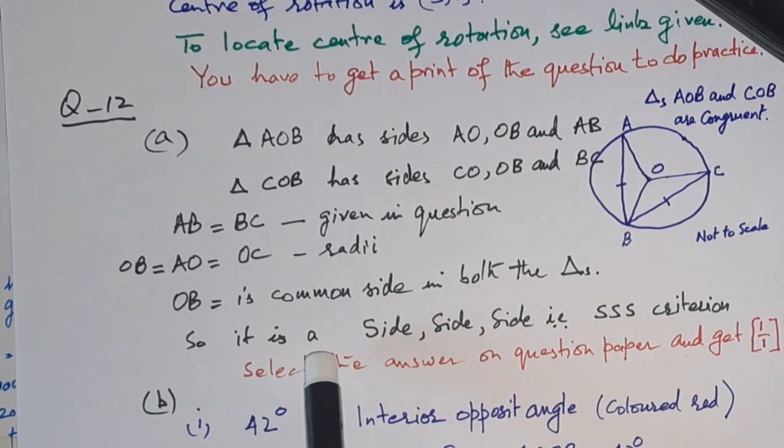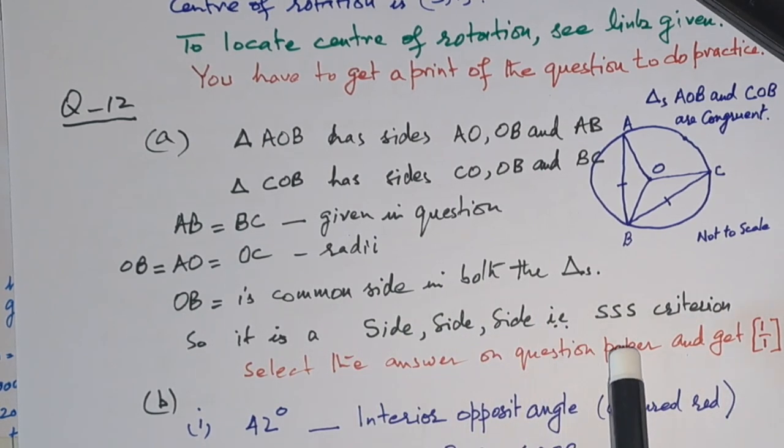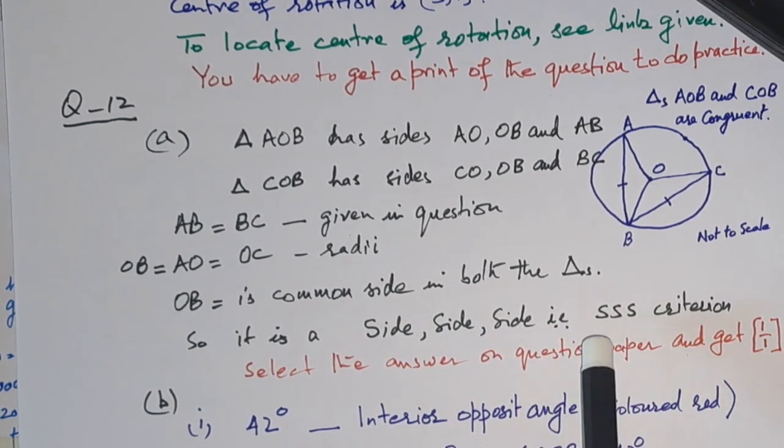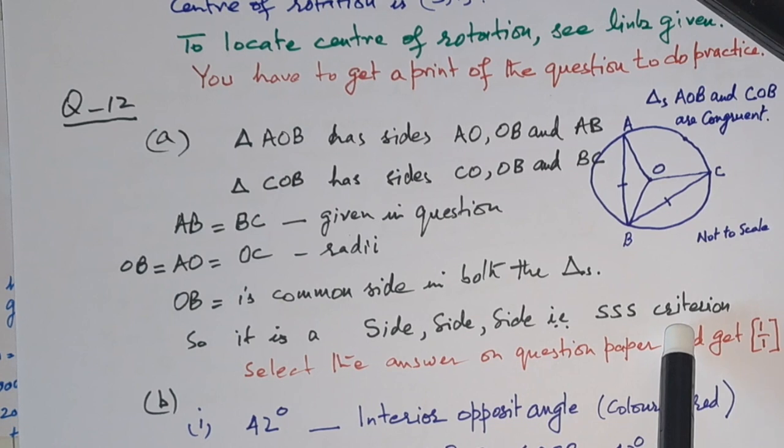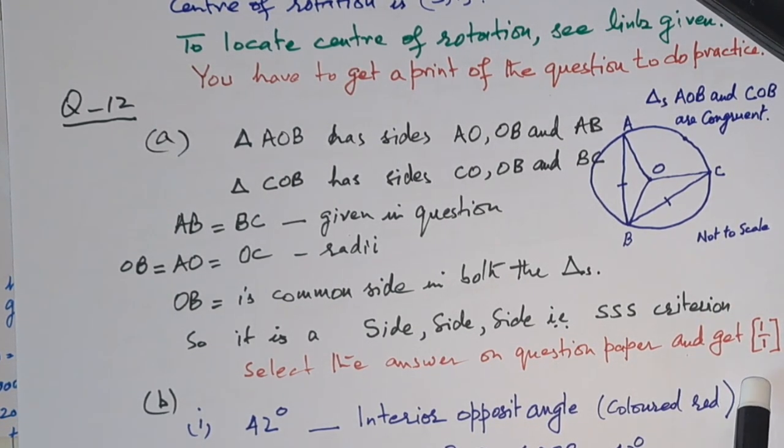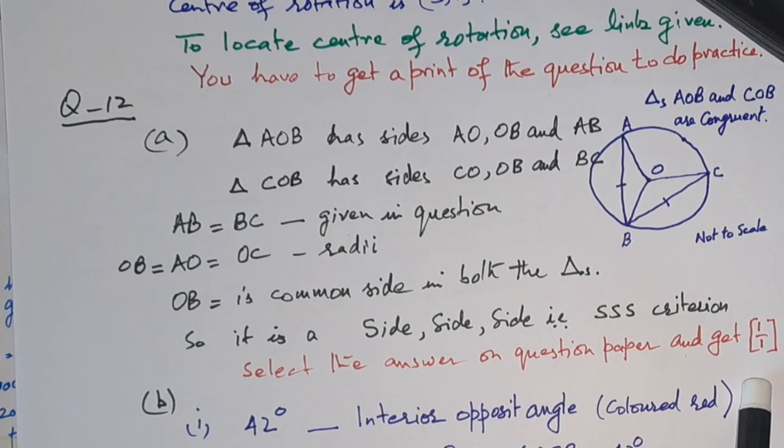So it is a side criterion, that is, you are going to select S criterion and write the answer, or circle it and get 1 mark out of 1.